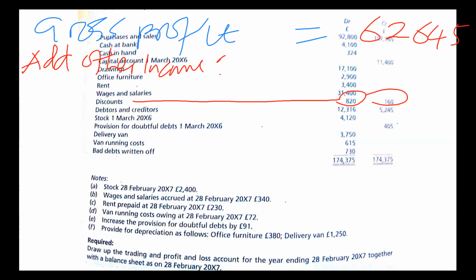So what happens is that when you go back to the cash book, if you remember the cash book very well where we started from, the cash book shows that the discount that is received is on the credit side.